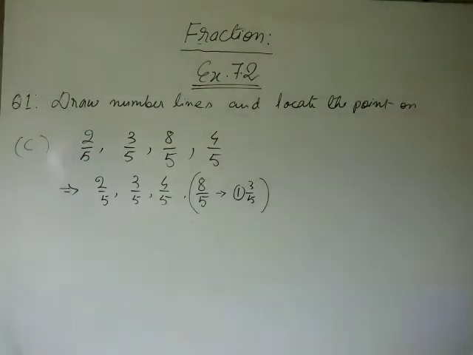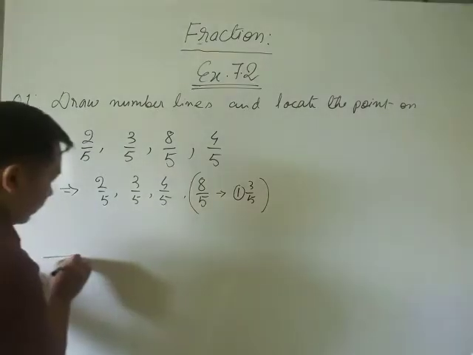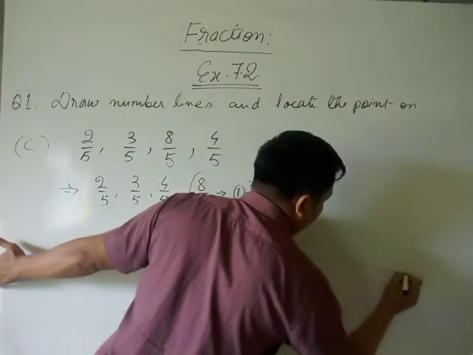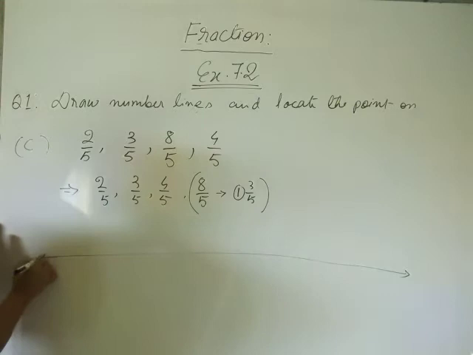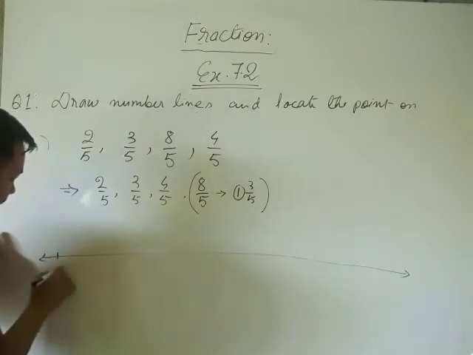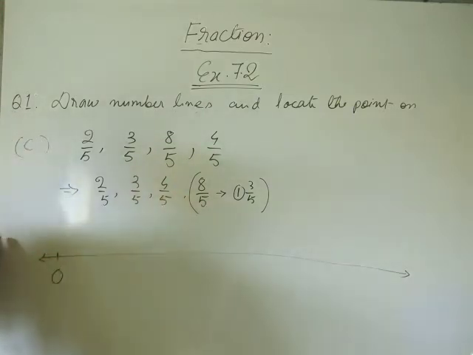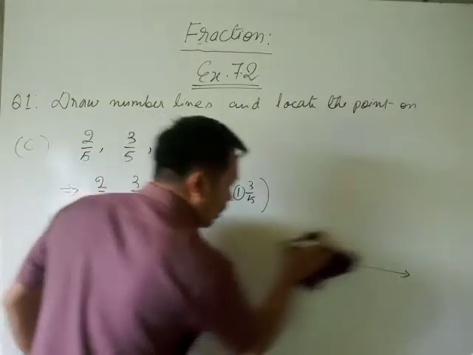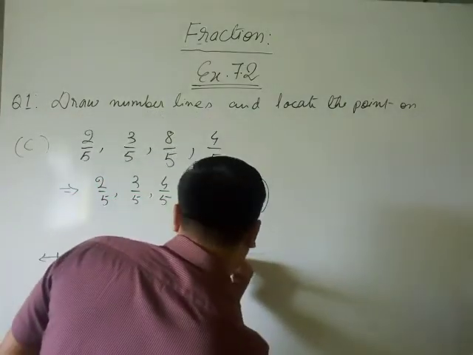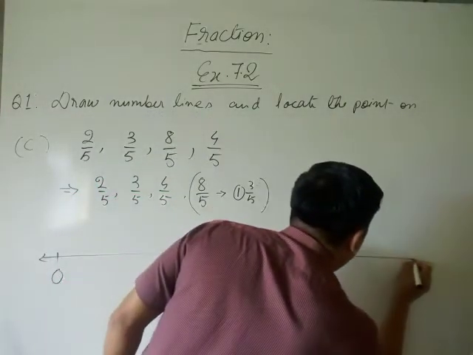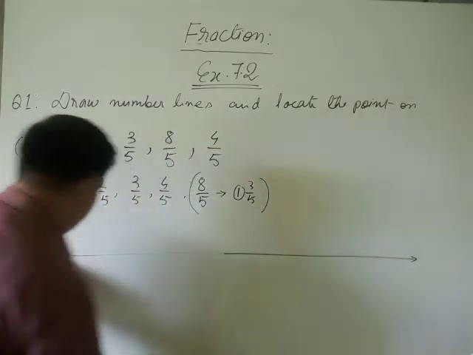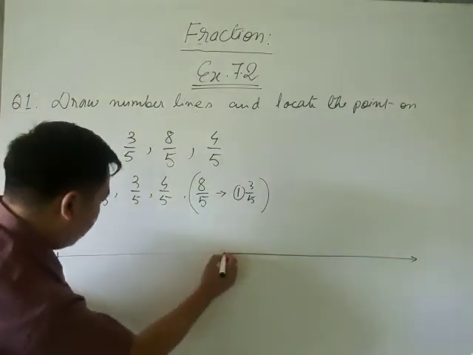For this we are going to make a number line. The number line will be like this, a longer one, so that I start here with all positive numbers and also move straight. Let us make two equal parts.